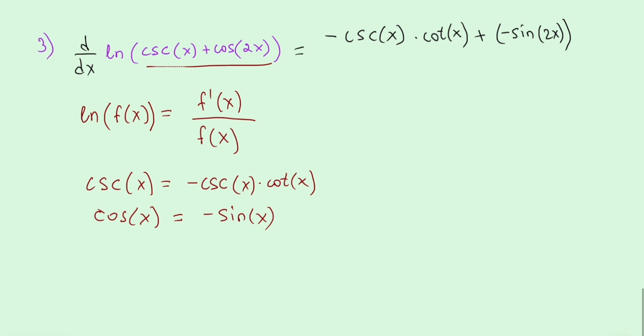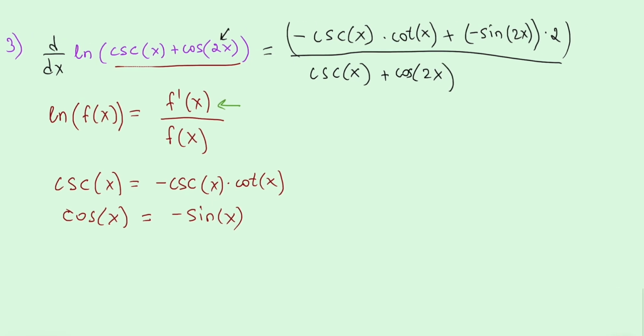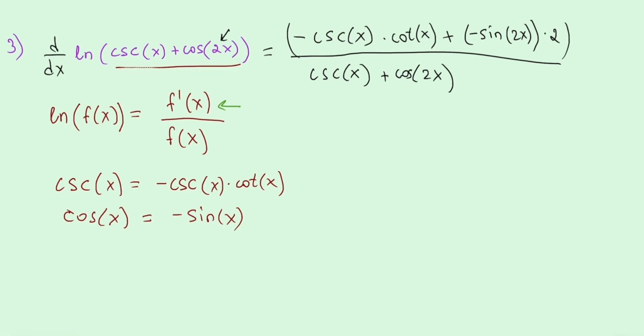Now we're going to derive the inside function, which is 2x, and the derivative of that is going to be 2. So here we got this part, the derivative of the function inside. Now we're going to divide this by the function itself, cosecant x plus cosine 2x. The rest will have to be simplified.